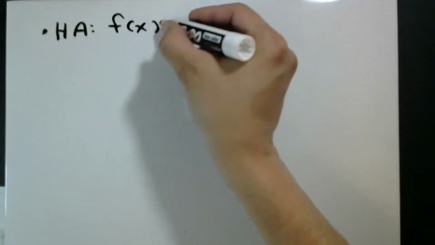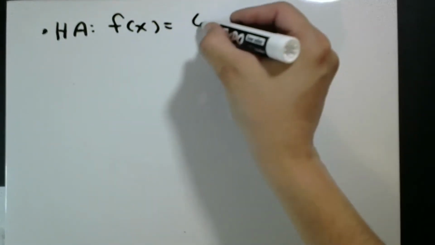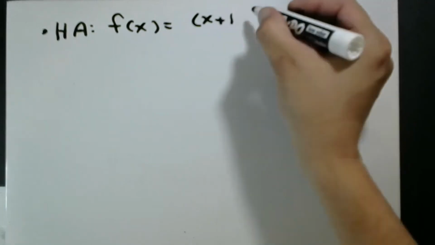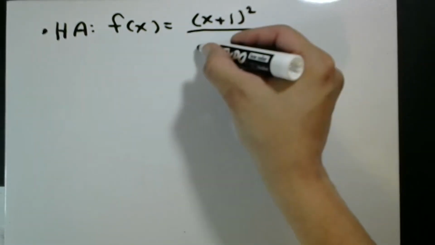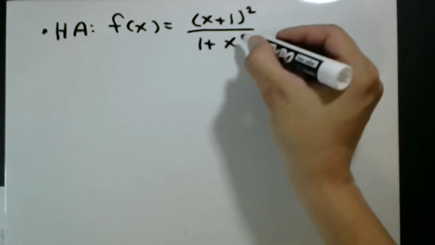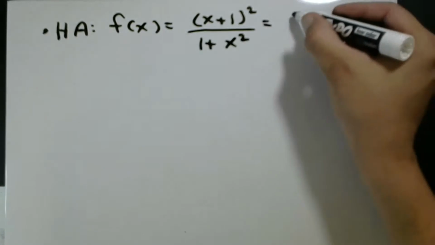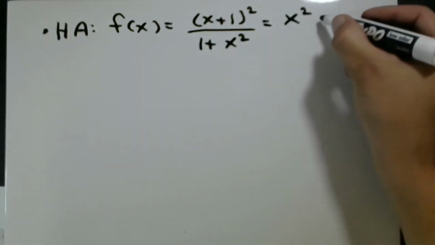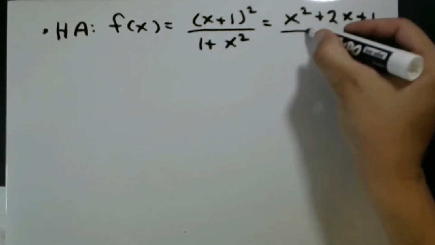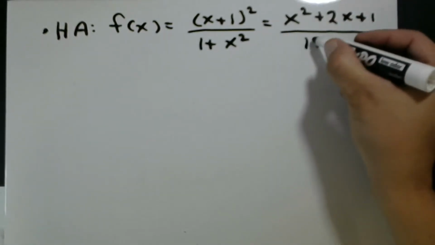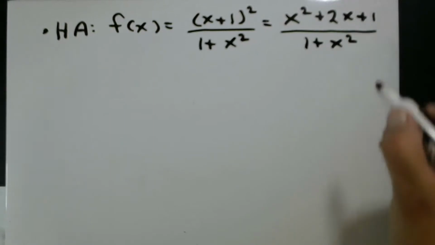So we take our function. We're going to expand this out. We'll get x squared plus 2x plus 1 over 1 plus x squared.